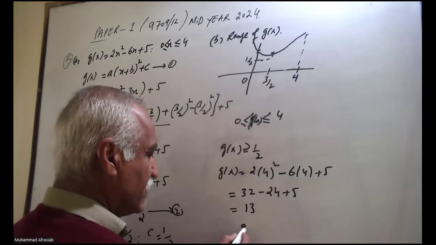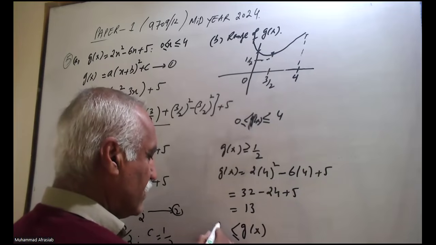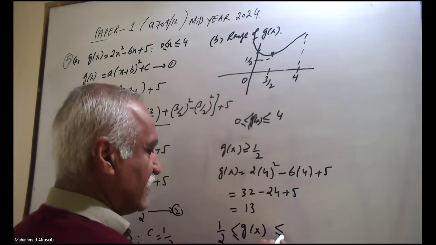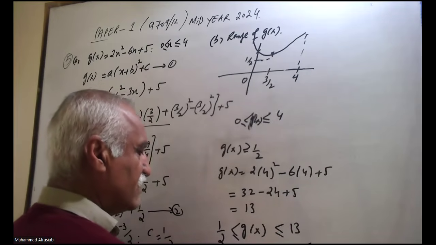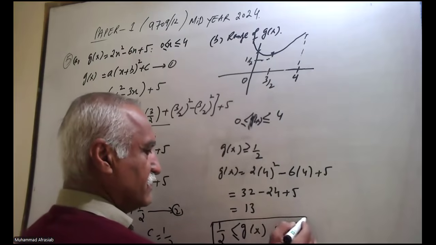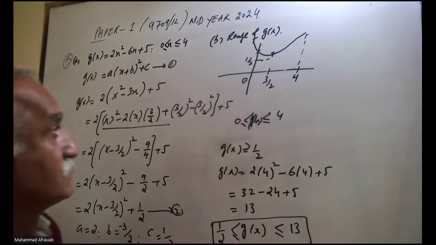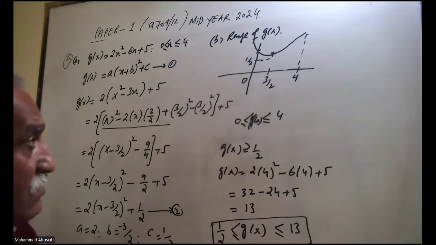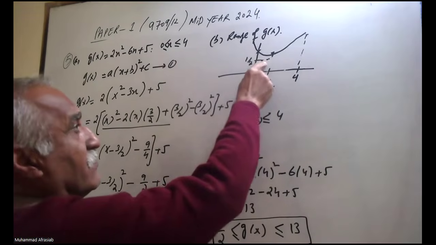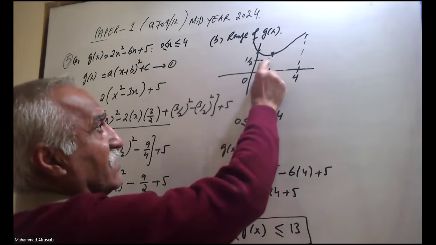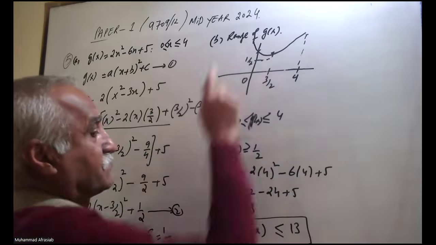So the range of this graph, g(x), is more than or equal to half, less than or equal to 13, is the answer of this question, because the lowest value there is half and the highest value there is 13.